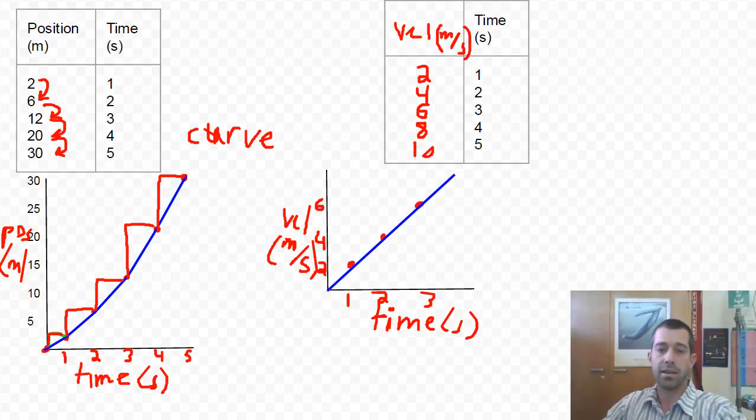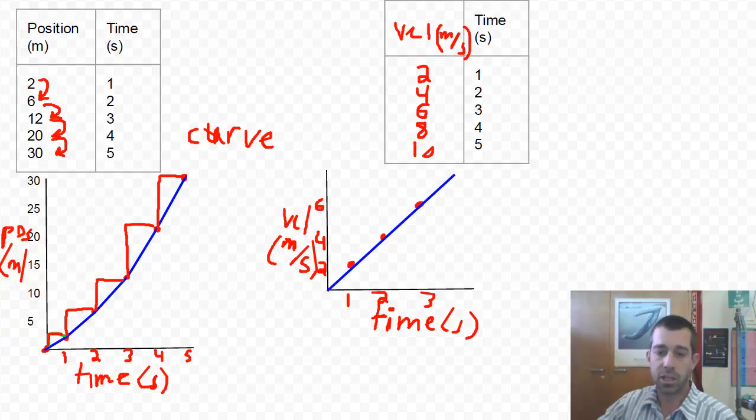Make sure that you add that for an accelerating object, the velocity versus time graph will be a straight line that slopes up, or down if it was decelerating. But this one is going up. And then also remember that we can find the acceleration of this object. I want to mention that acceleration is the slope of the velocity versus time graph.